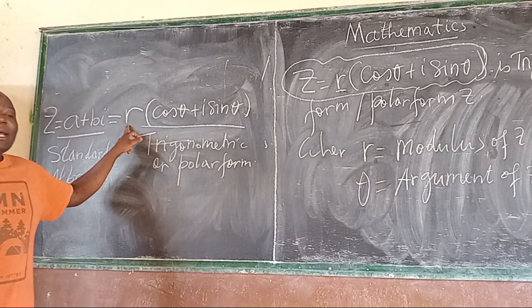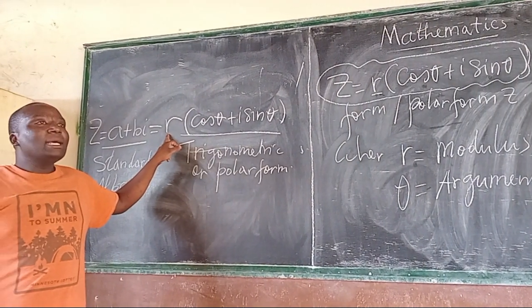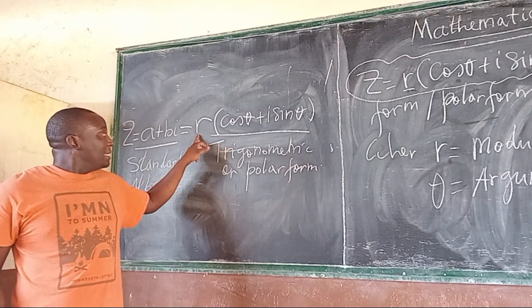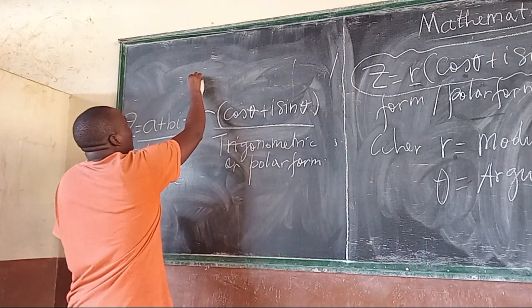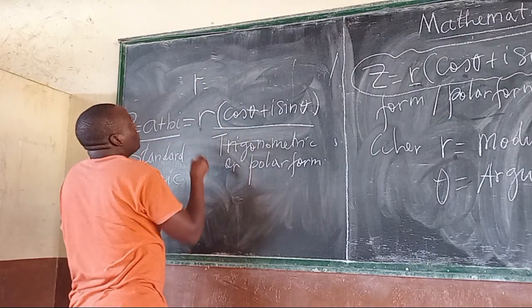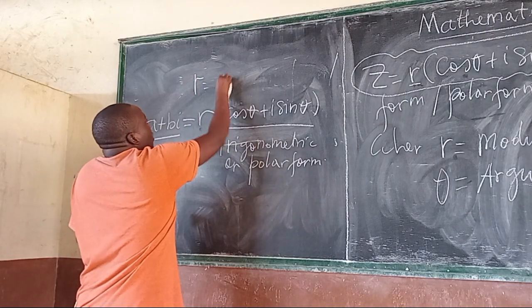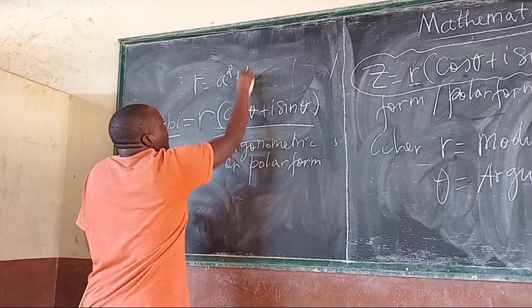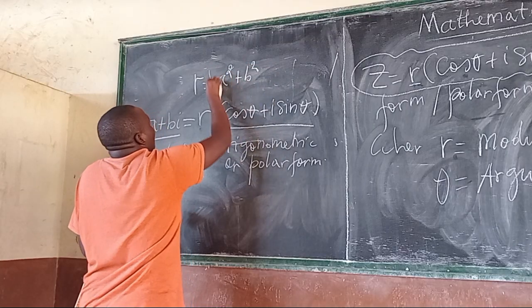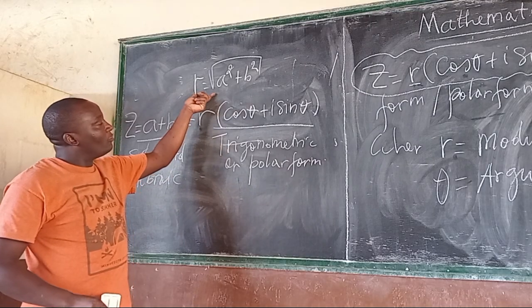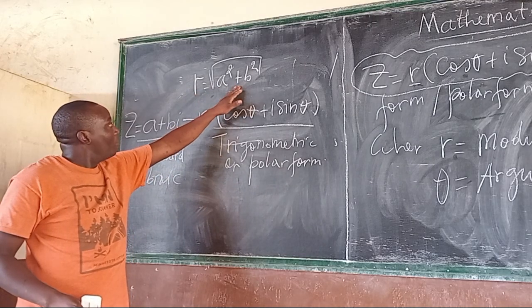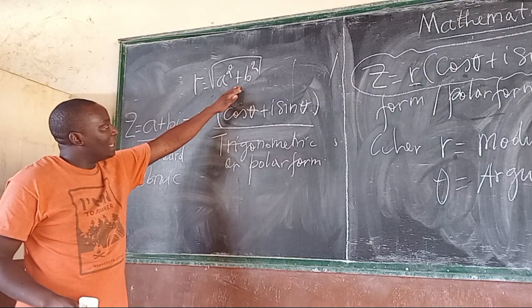Everyone here is able to find the modulus for any given complex number. The modulus must be equal to the real part squared plus the imaginary part squared, both under square root. This is a good general formula for getting the modulus of a complex number.